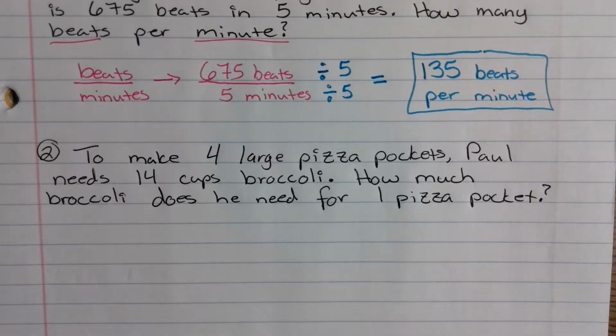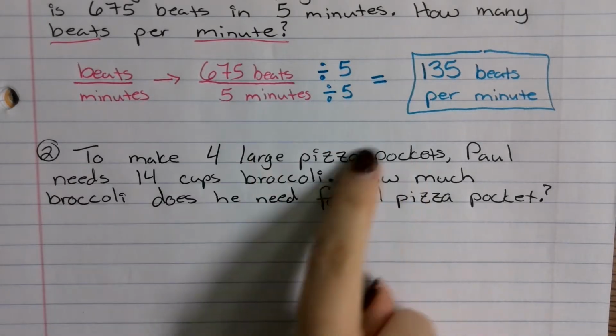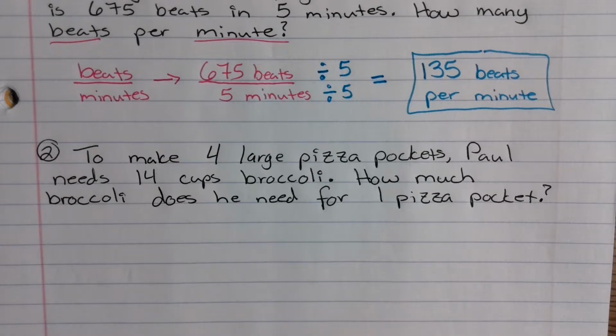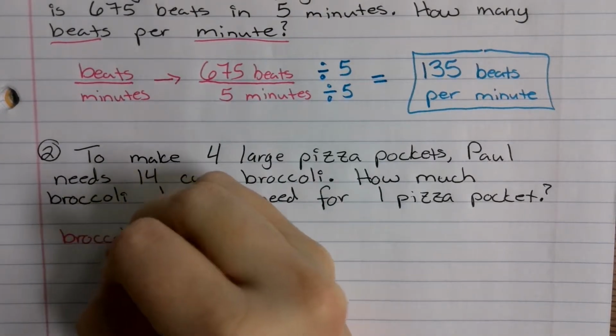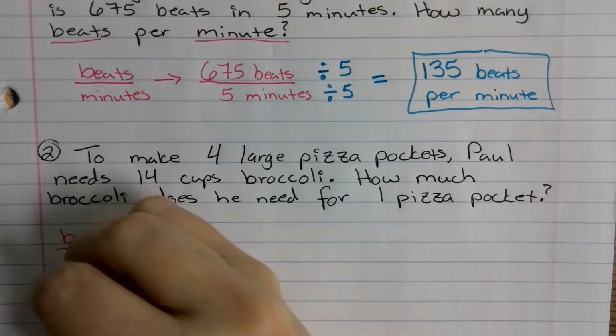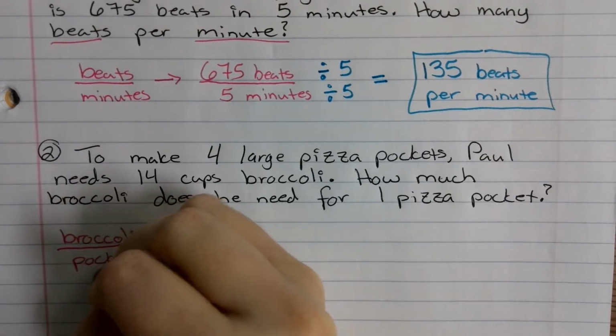So usually the hard part for you guys is just setting it up, knowing which value has to go on top and what value has to go on the bottom. We're talking about pizza pockets and cups of broccoli. Which one of those has to go on top, Joel? The broccoli. Okay, so the broccoli goes on top and the pockets go on the bottom.